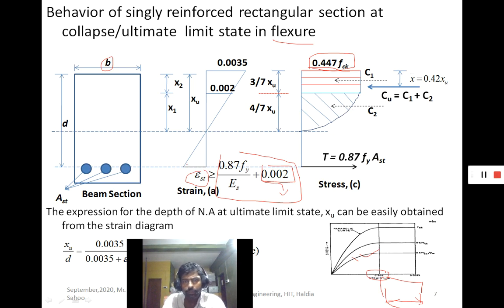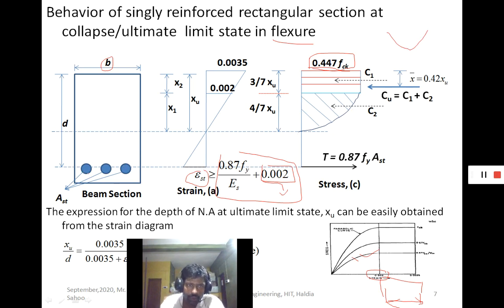Obviously here sagging bending moment takes place, so the fibers above the neutral axis are compressed, and below the neutral axis the fibers are in tension, and the steel is used at the bottom side.